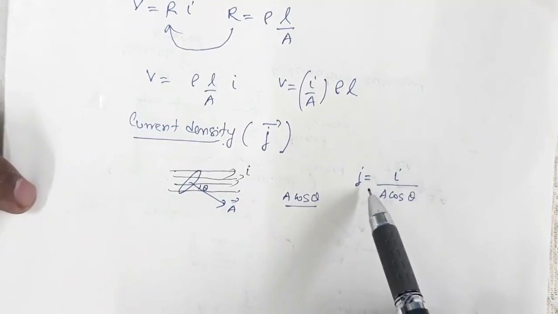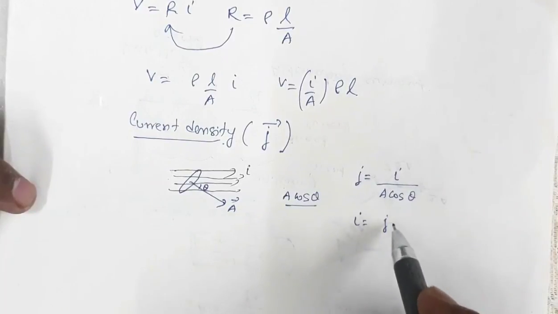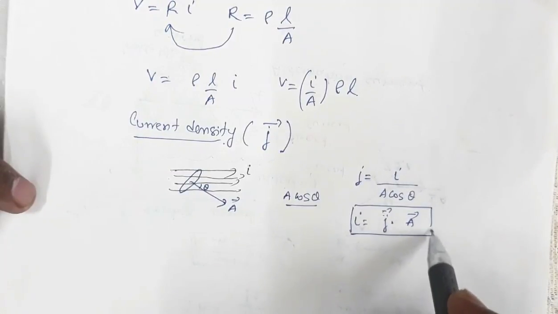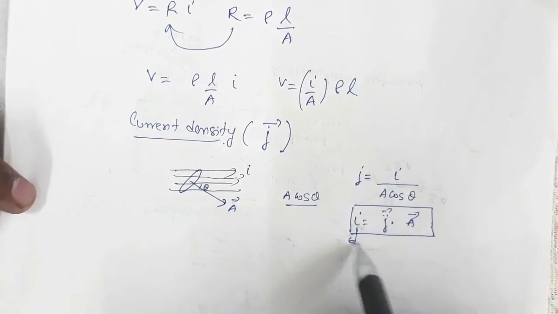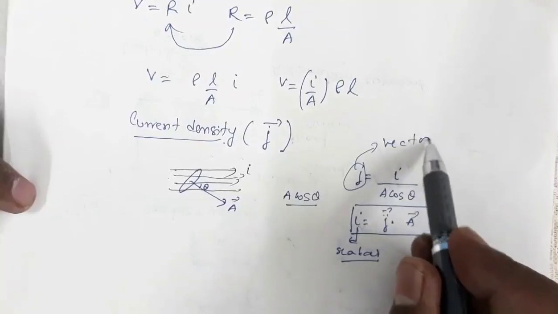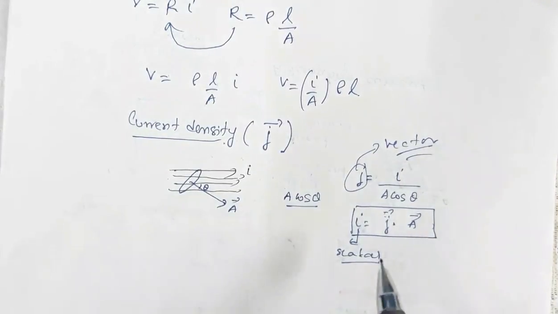So J is equal to I by A cos theta, or I is equal to J dot A. Current is a scalar quantity, but current density is a vector quantity.